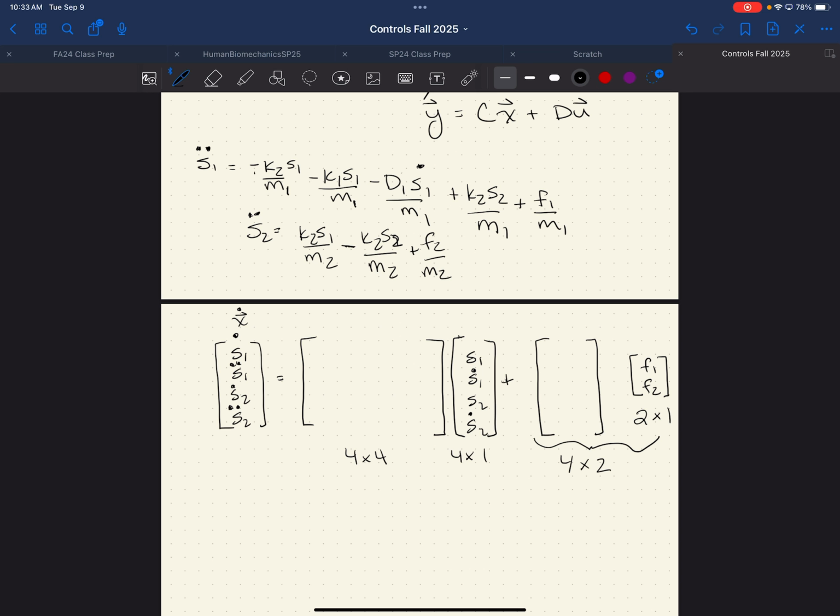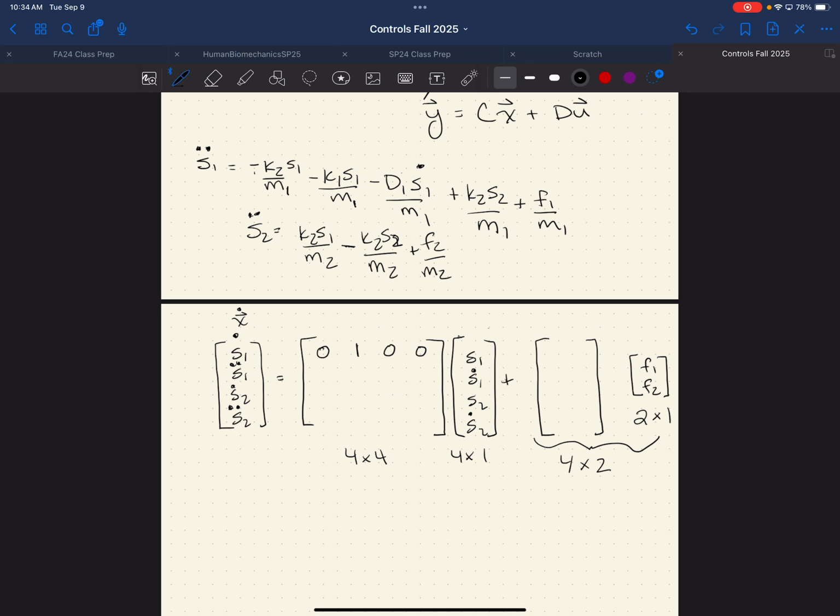Okay. Is S1 dot a state? Yes. So I just need to use this first row of A to pick out which state that I want. So is it this first state S1? No. Nope, so a 0. Is it this second state S1 dot? Yes. Yes, so I put a 1. Is it S2? No. S2 dot? No. 0. Okay. I can even go ahead and skip down 2 rows.